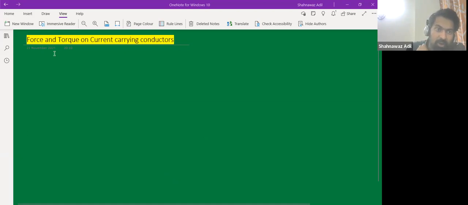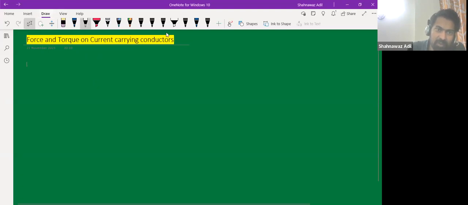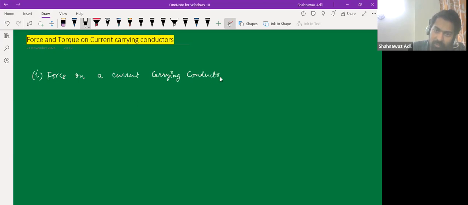So, force on a current. We have already talked about magnetic force, right? We have a charged particle that is moving with some velocity, and we have already calculated that magnetic force. Now we have a current carrying conductor. So what is the force on a current carrying conductor?